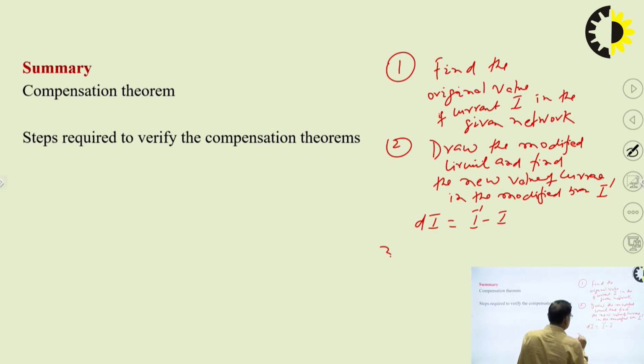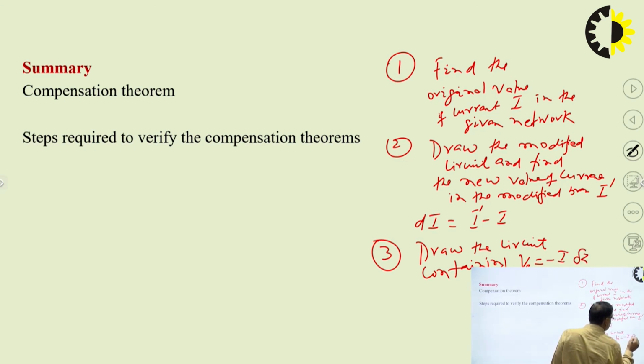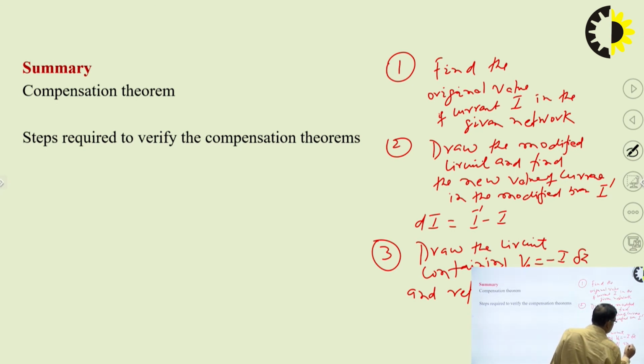Then the third step is to draw the compensation theorem circuit containing the compensatory voltage Vc equal to minus I into delta Z, and replace all independent energy sources by their internal impedances.